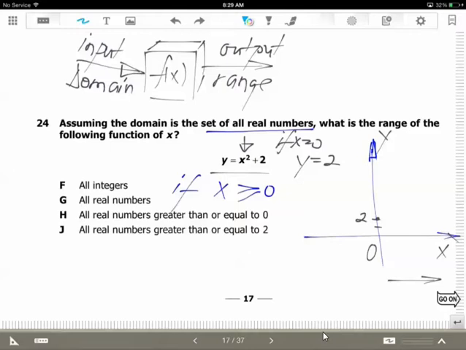If x equals 1, y will be 1 squared plus 2, 3. And it looks like it's going up. There is no smaller value than 2 for my y if x is on the positive part of my x-axis.